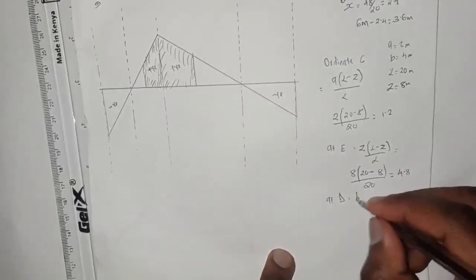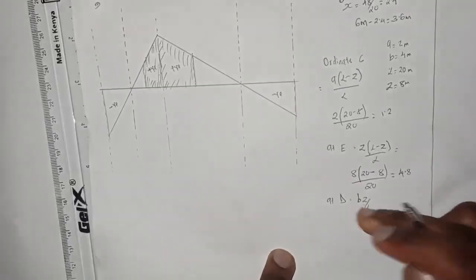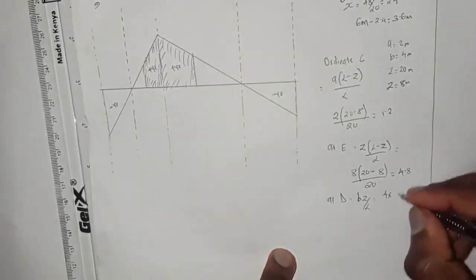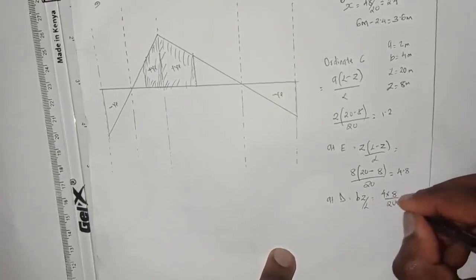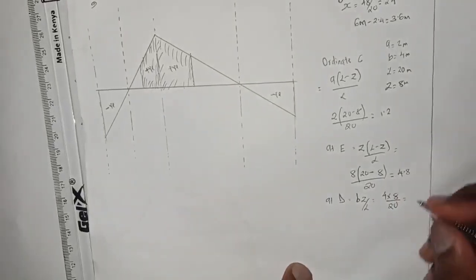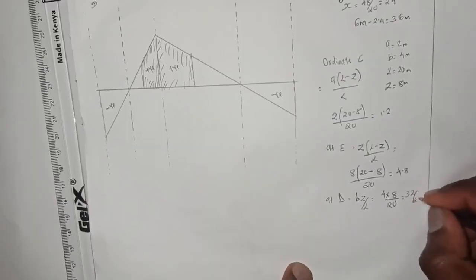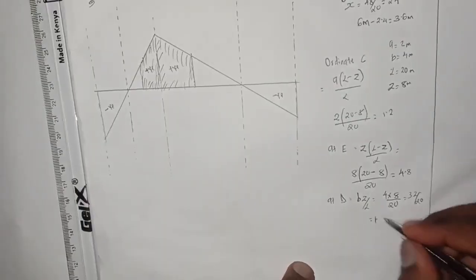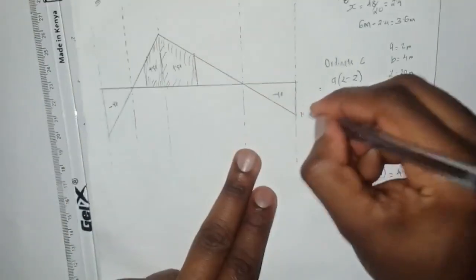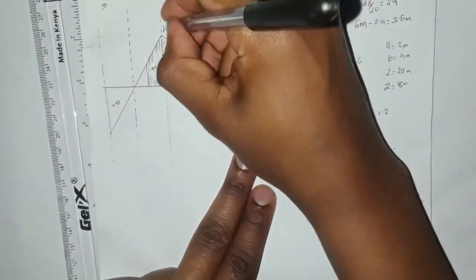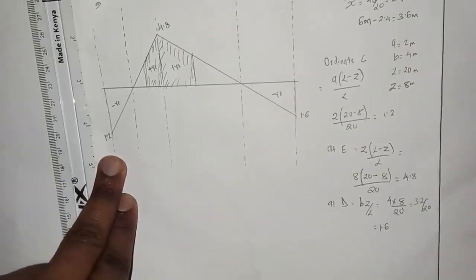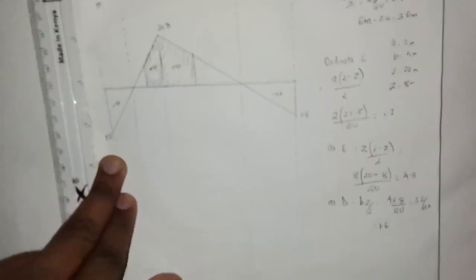It is B Z all over L. So our B is 4 multiplied by Z, which is 8, all over 20. So this is 32 all over 20, and when you key into your calculator, it is 1.6. So it is 1.6, 4.8, and 1.2. This is what you should get.